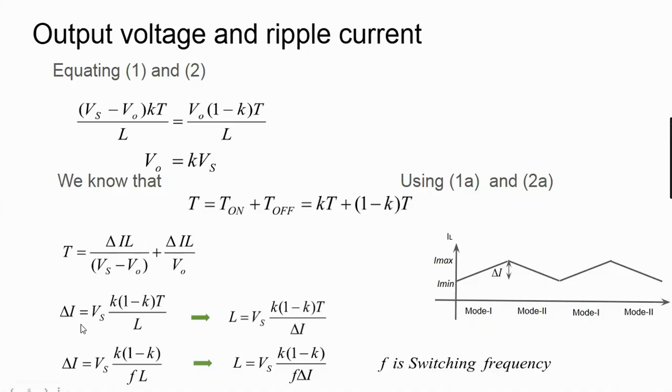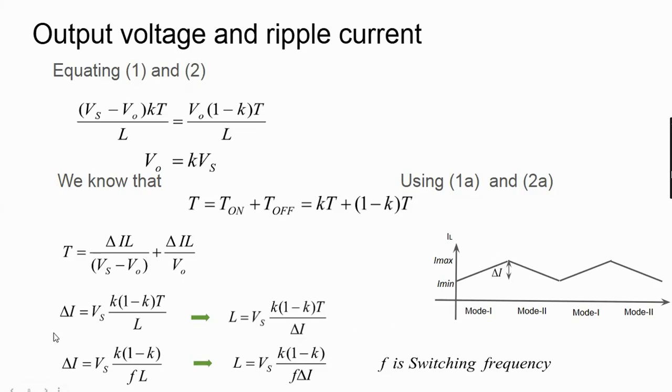Simplifying this, we get del I equal to Vs into k into (1 minus k) into capital T divided by L, from which we can write the value of L equal to Vs into k into (1 minus k) T divided by del I. Or we can substitute T equal to 1 divided by f, where f is the switching frequency, which is equal to 1 by T. So we can write del I equal to Vs into k into (1 minus k) divided by fL, from which L is equal to Vs k into (1 minus k) divided by f into del I, where del I is the ripple current.